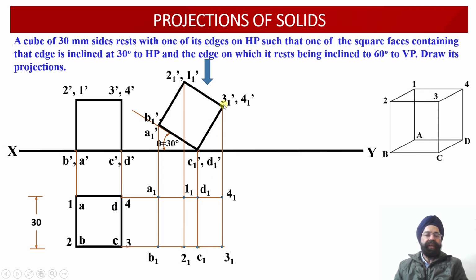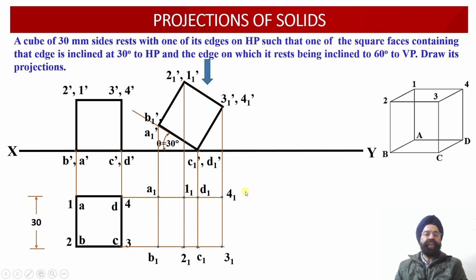And finally, wherever the vertical projector line drawn through the point 4, 1 dash intersects with the horizontal projector line drawn through the point 4, we obtain the point 4, 1 over here. So all the 8 points have been located in the top view.